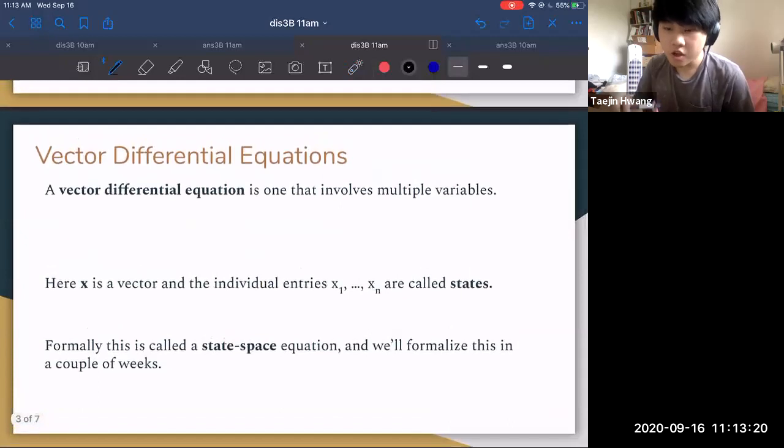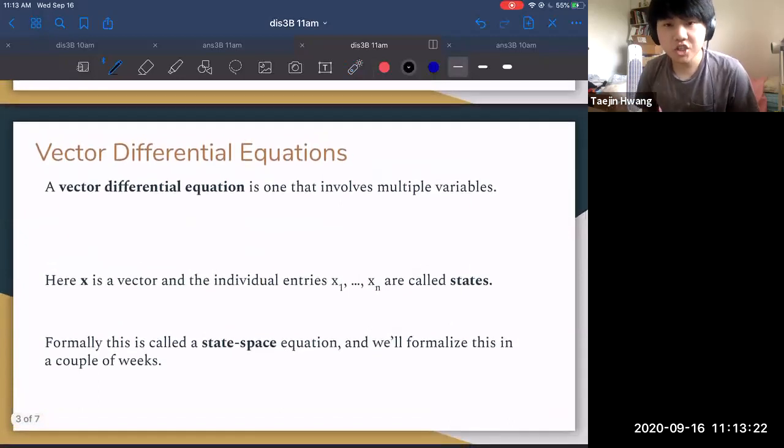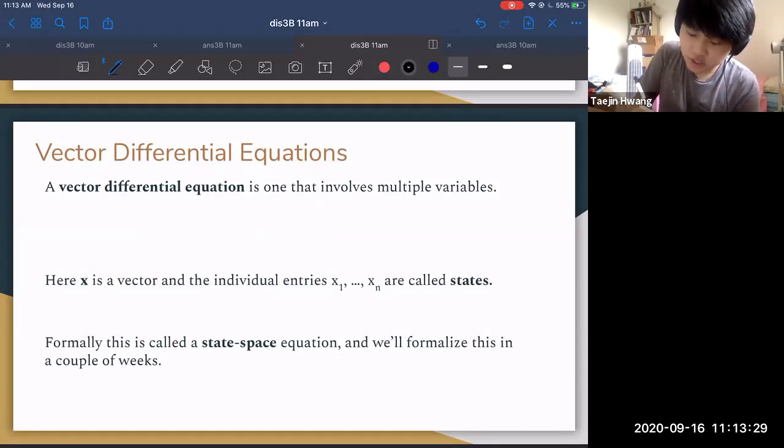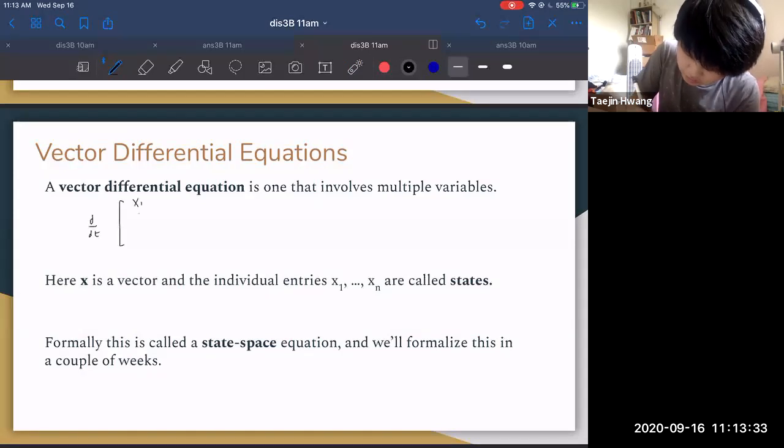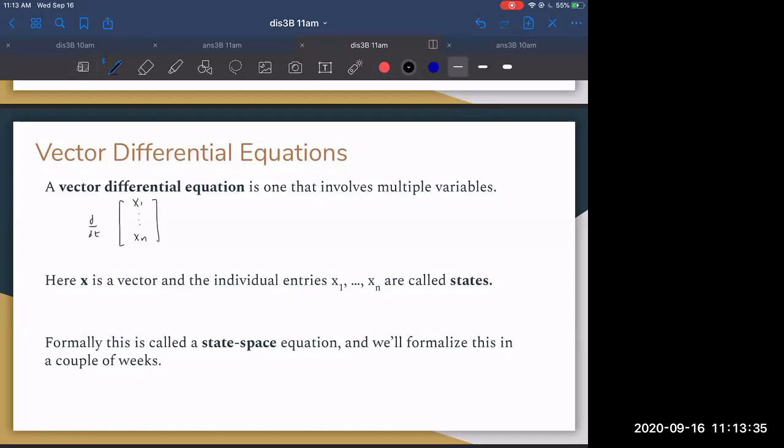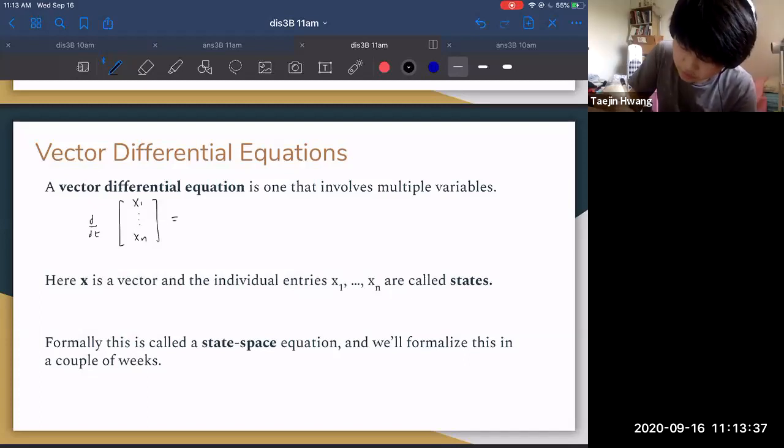And a vector differential equation is essentially one that involves multiple variables. So here we're going to take the derivative of a vector, and that's going to be equal to some matrix A times the same vector.